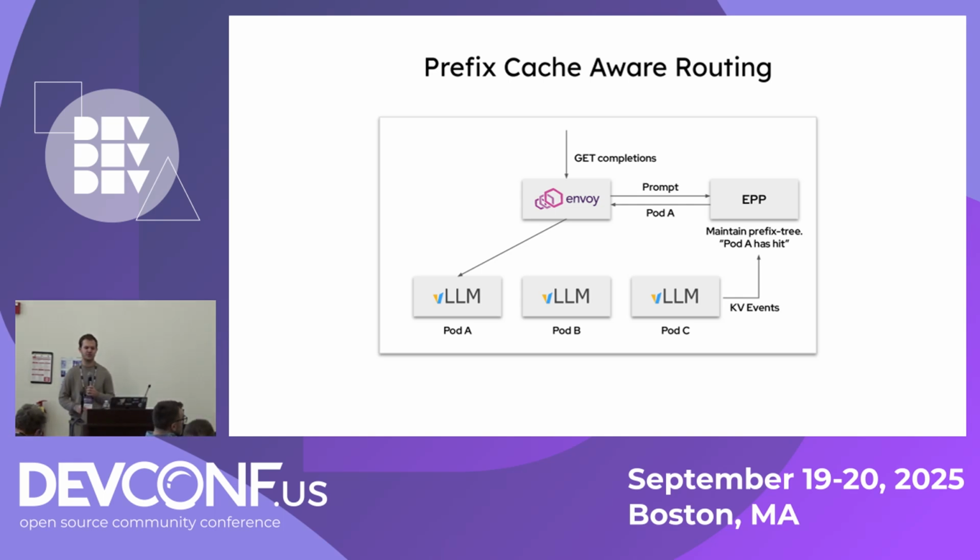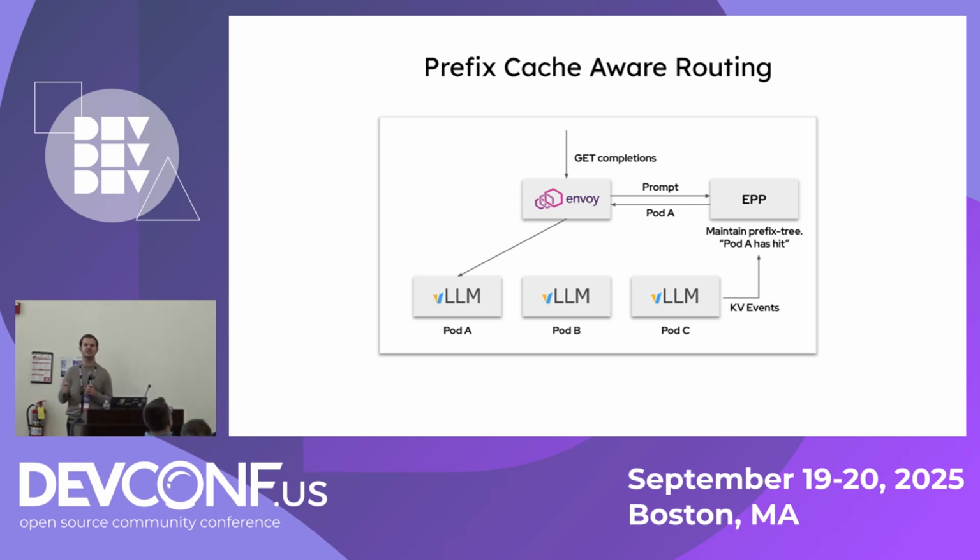We actually have two versions of this. One is inside of EPP, we maintain an approximate prefix cache tree where the EPP, the inference scheduler, effectively will approximate the current state of the KV cache for each pod.